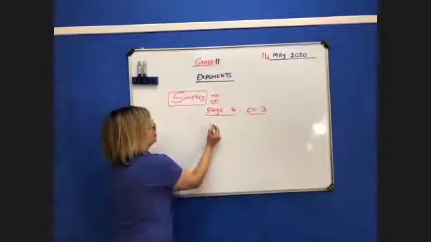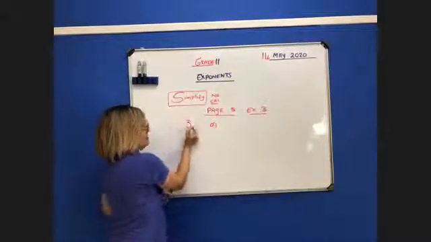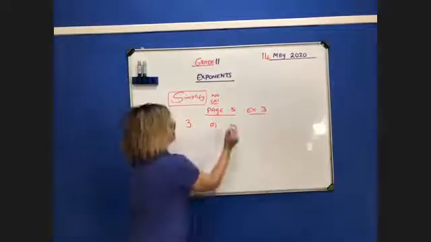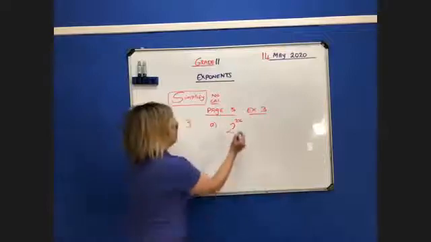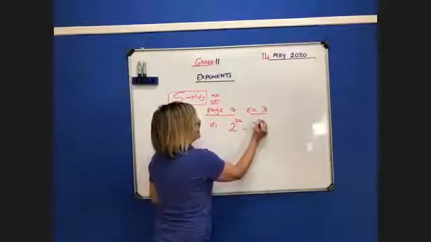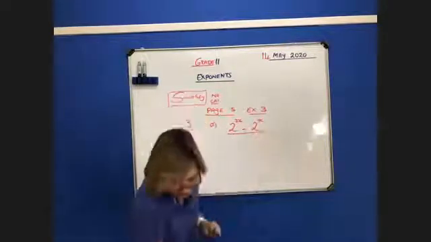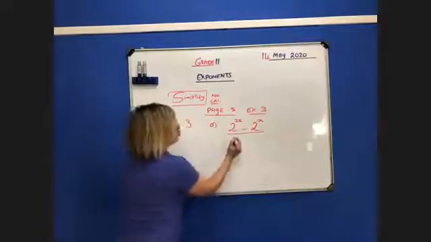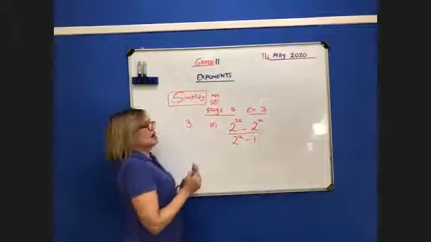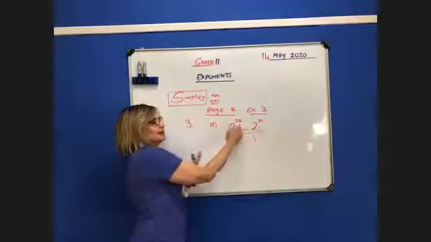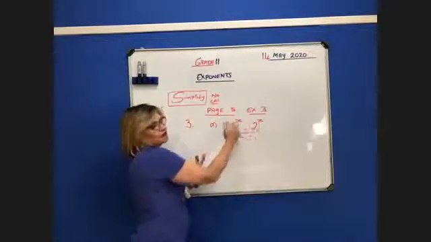Because if I look at number A from exercise 3, it says 2 to the 2x minus 2 to the x over 2 to the x minus 1.